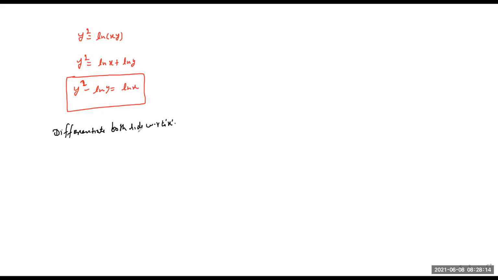Sir, the answer is 2y y dash minus 1 by y times y dash is 1 by x. This is the answer. If you differentiate, the answer is 2y minus 1 upon y, the whole times dy by dx, is equal to 1 upon x. Very good. So I think this is your answer.